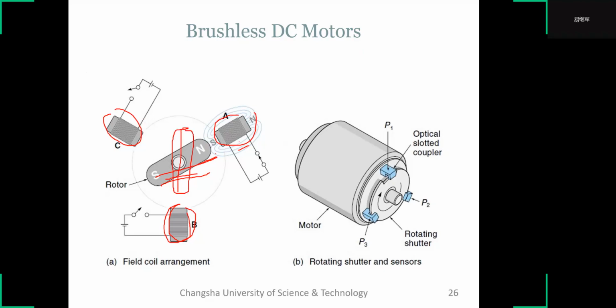When the C coil is powered on, the rotor changes position like this. So as we know, when the coils are powered on in sequence like this, the rotor turns round like this.